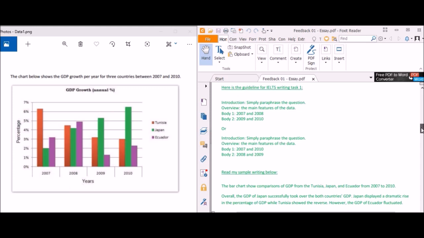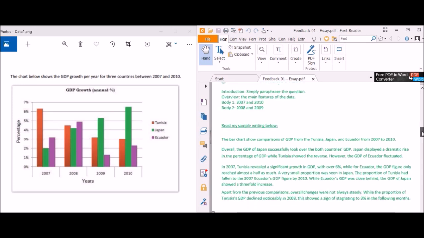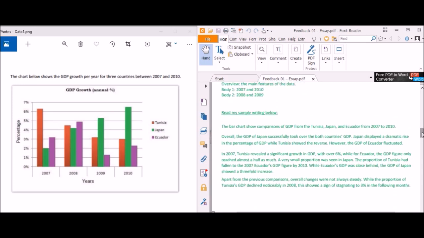Okay, now let's go to the next lesson about how to write it. Here is the essay. In the first task of IELTS, you need to write about 150 words.